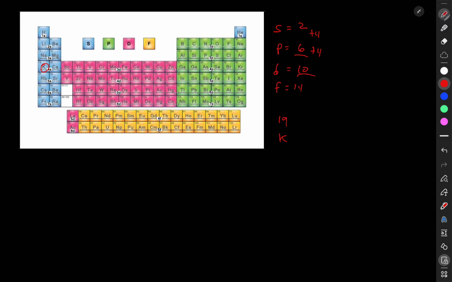The way you do this is you go from left to right until you fill each of these blocks. So for example, I'm trying to get to 19. In my case, I move over here to helium.